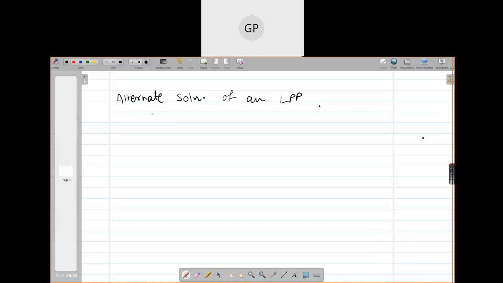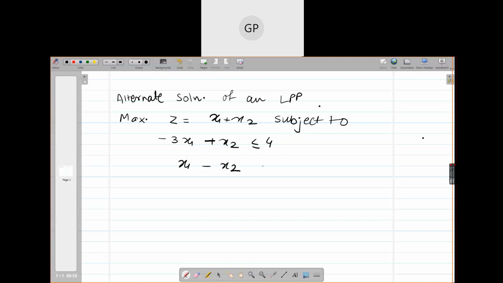Yes. Write down the problem. Maximize z equal to x1 plus x2 subject to minus 3x1 plus x2 is less than or equal to 4, x1 minus x2 is less than or equal to 2, x1, x2 greater than or equal to 0.